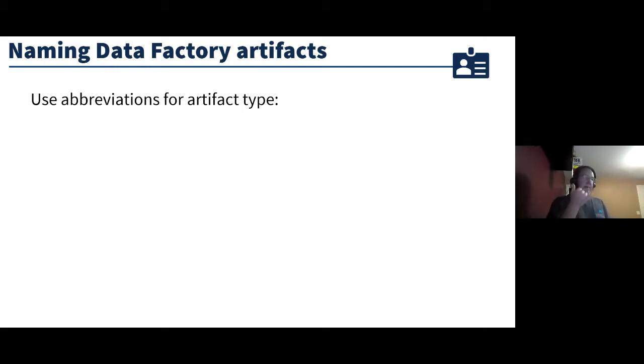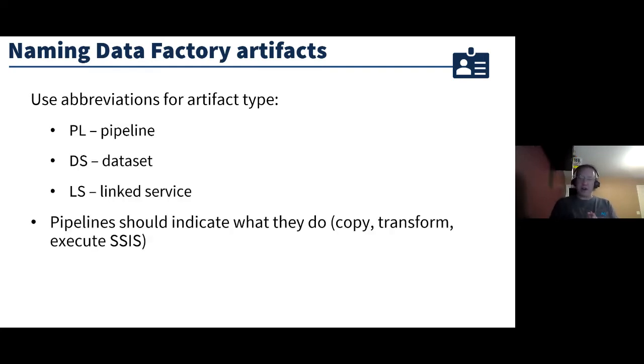Moving on from Azure level resource naming to talk a little bit about naming for the artifacts within the data factory itself. When you name these things, use an abbreviation for the artifact type at the beginning. That saves characters and makes it a little easier to read. Here are a few examples.